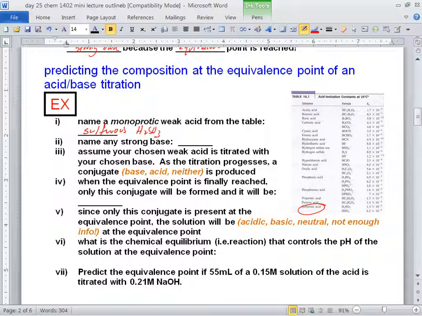Okay. Give me a name of a strong base, Cameron. Any strong base. I'll give you a hint: something hydroxide. And you've got 1, 2, 3 shots at this.